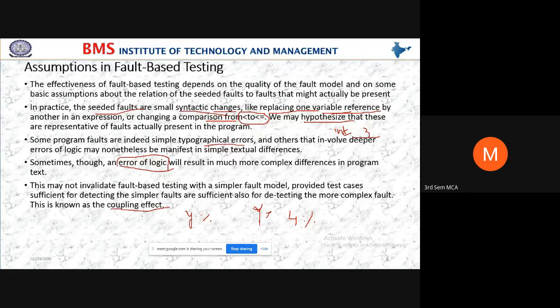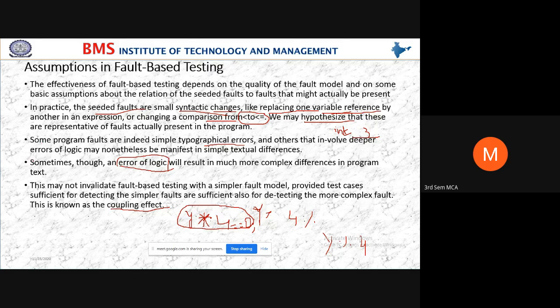Year mod 4 is equal to 0. Instead of this mod, if I make this star, here I am not doing any syntax error, but the logic is wrong. The logic is year mod 4, but here I am writing year into 4. So this is a logical error I am doing.